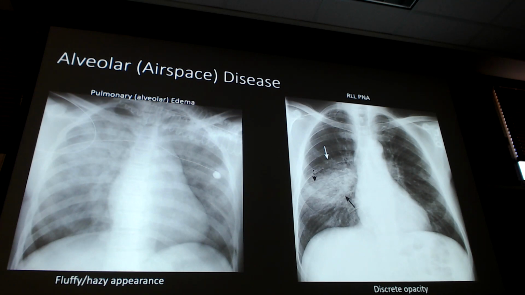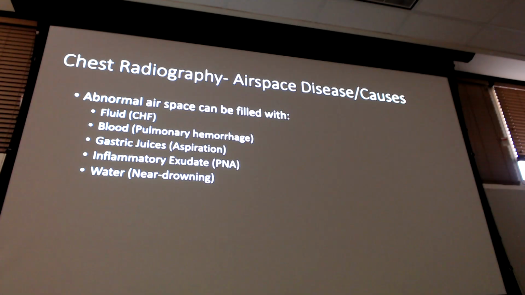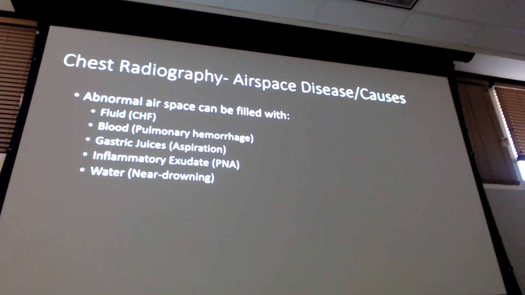That's another sign. Let's say you haven't gotten the pneumonia this far yet, but you notice the air bronchogram. That's a sign that this is some type of alveolar space disease. What's your differential? What are you going to do for them? Are you going to read the X-ray later and go learn all that at home? Here are all the things that can cause fluid in that airspace.